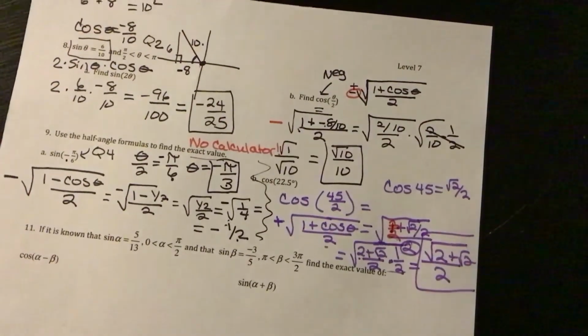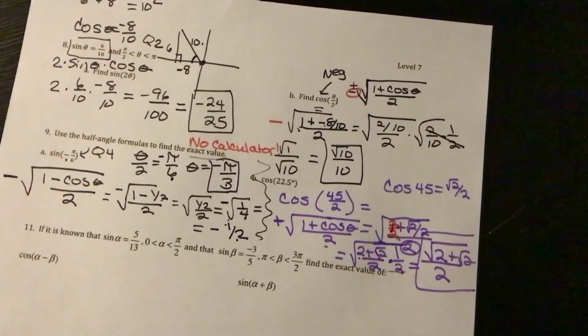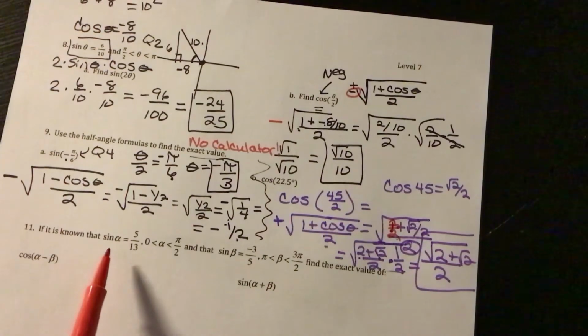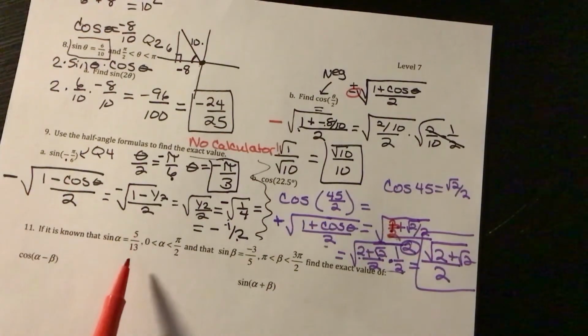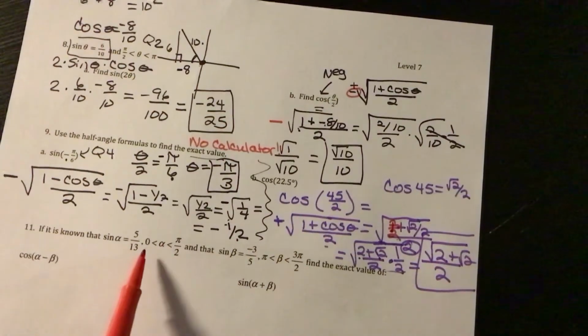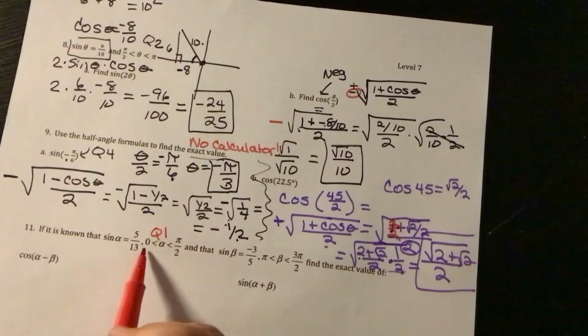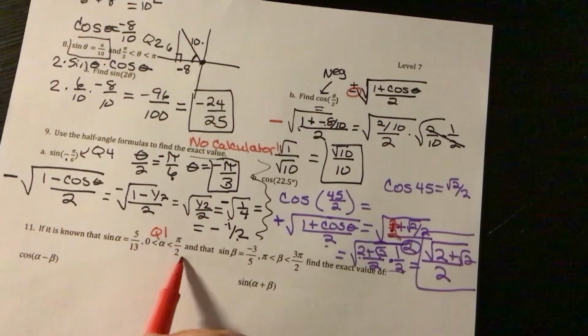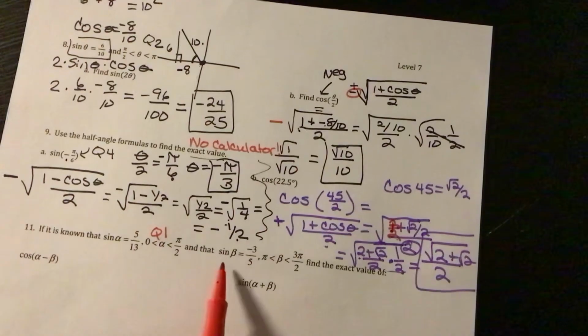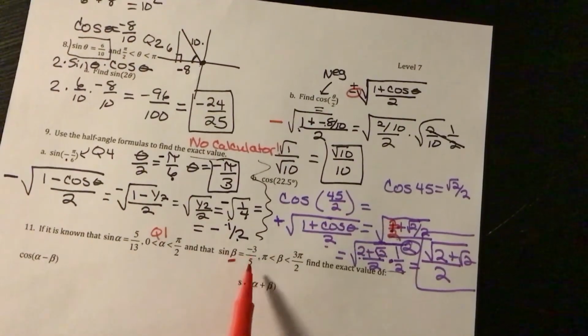Number 11 says, we know that in an angle A, sine of A is 5 over 13. And this is in quadrant 1 because it's between 0 and pi over 2. We also know that in a second angle, the sine of that is negative 3 over 5.